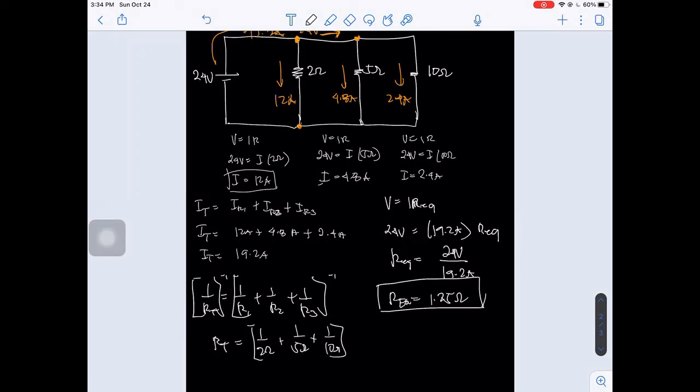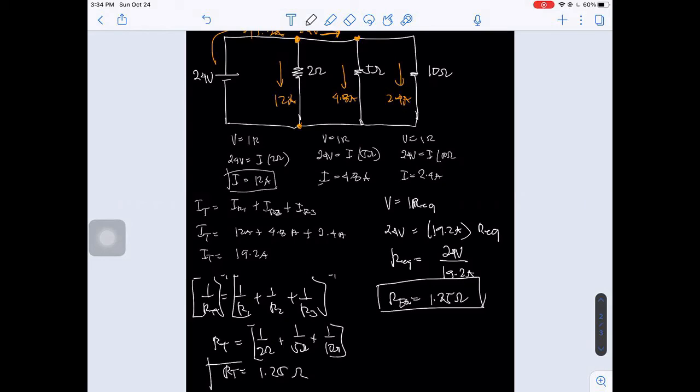So we have 1 over 2 plus 1 over 5 plus 1 over 10, which gives 1.25 ohms.